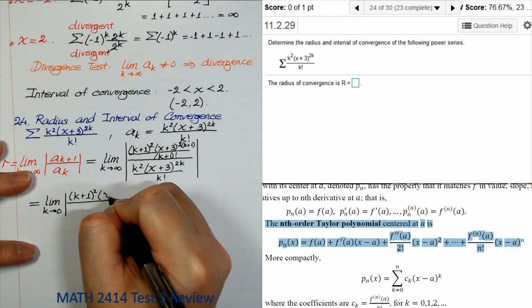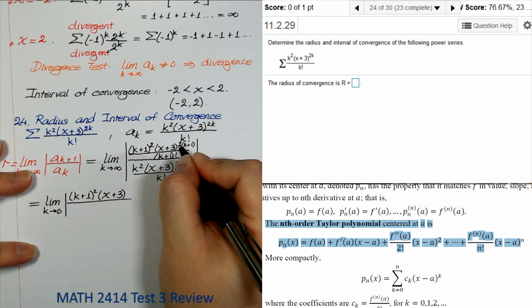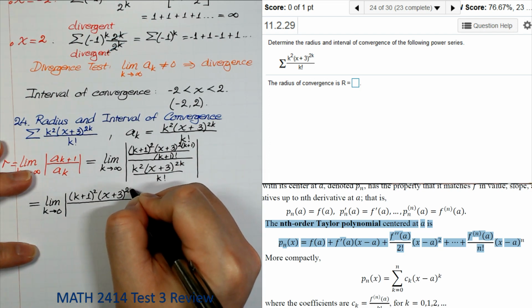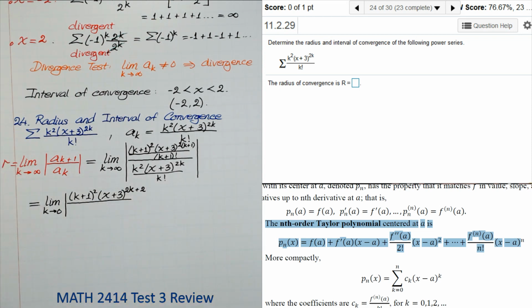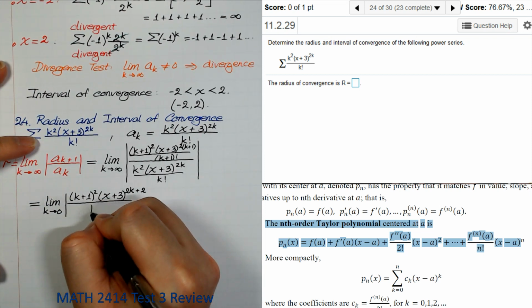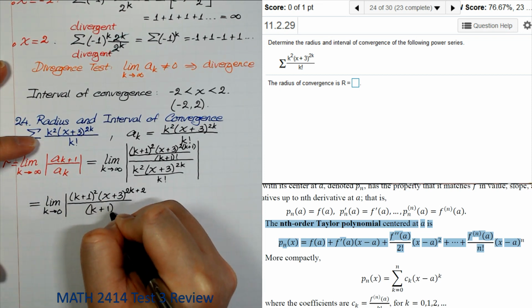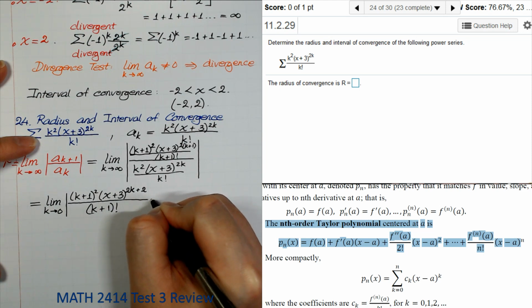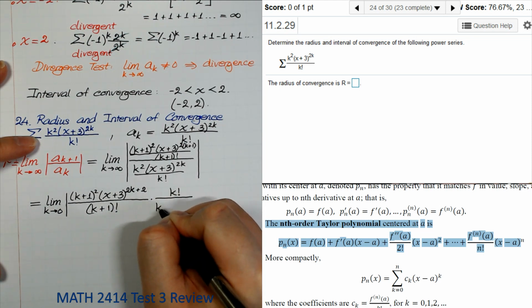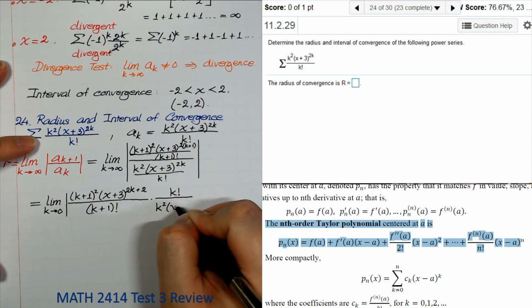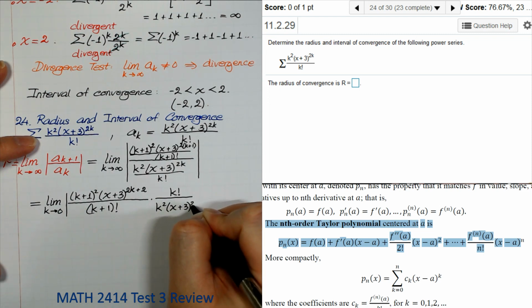And multiply by the reciprocal. I will actually distribute the power 2 to the k plus 2. Reciprocal: k factorial, k squared, x plus 3 to the 2k.